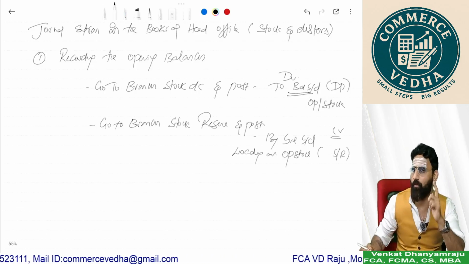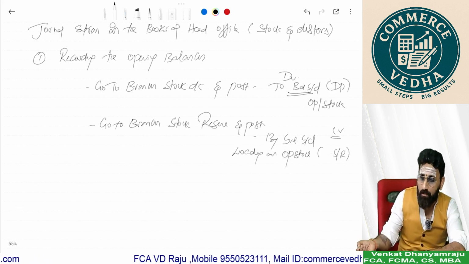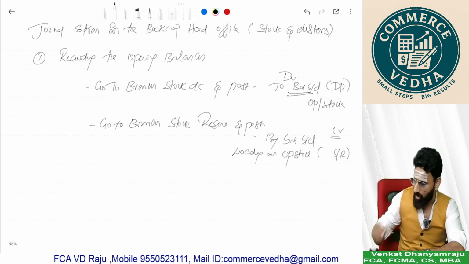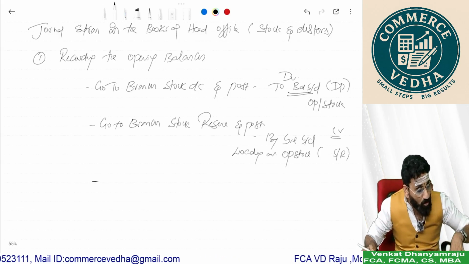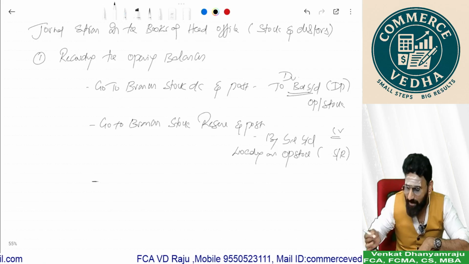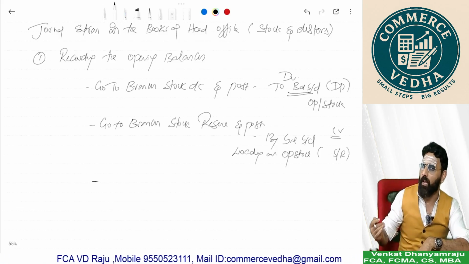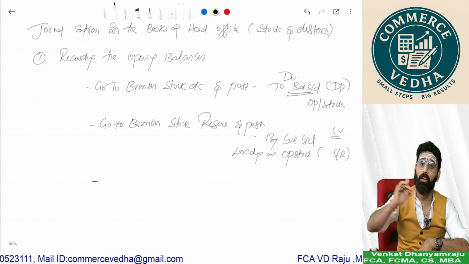Immediately you should pass one more entry, that is, transfer the stock reserve to adjustment account. Here the third step after recording opening stock and opening stock reserve, you should cancel it because it is a credit balance. Now the opening stock reserve shall be transferred to adjustment because this profit belongs to the current year.